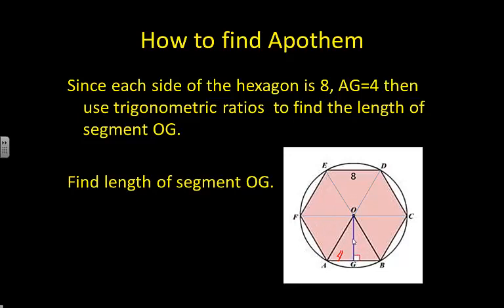So now if I need to find the apothem, I know the short leg is x normally, which is 4 in this case, so this is x. Remember that the hypotenuse is 2x, and the long leg is always x root 3. So that means OG is going to be 4 root 3, or 6.93 if you plug that in your calculator.